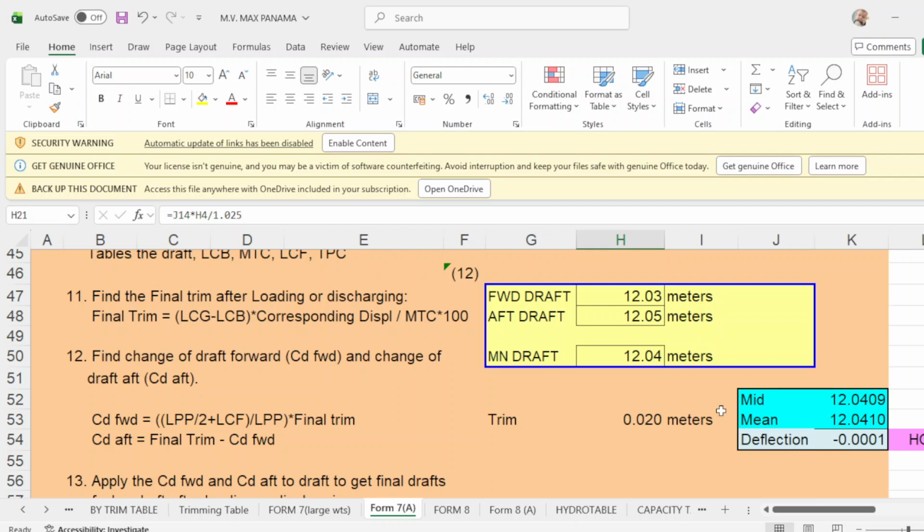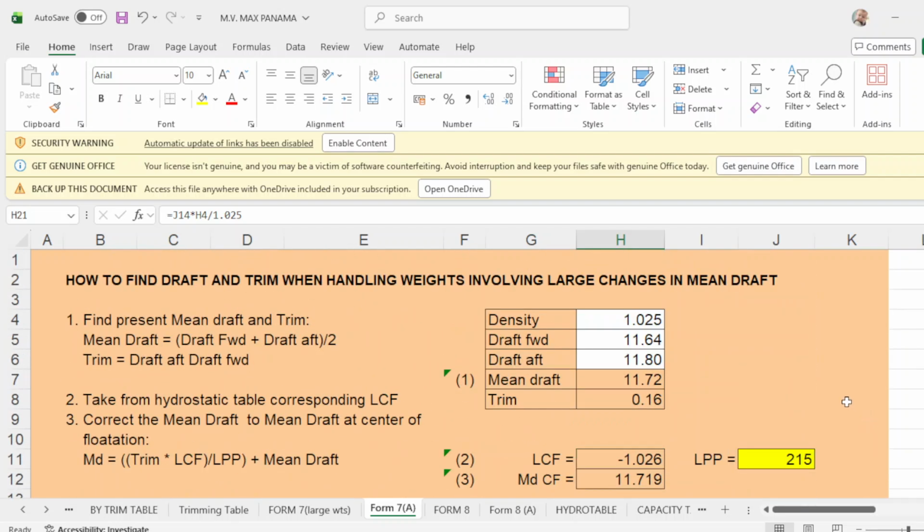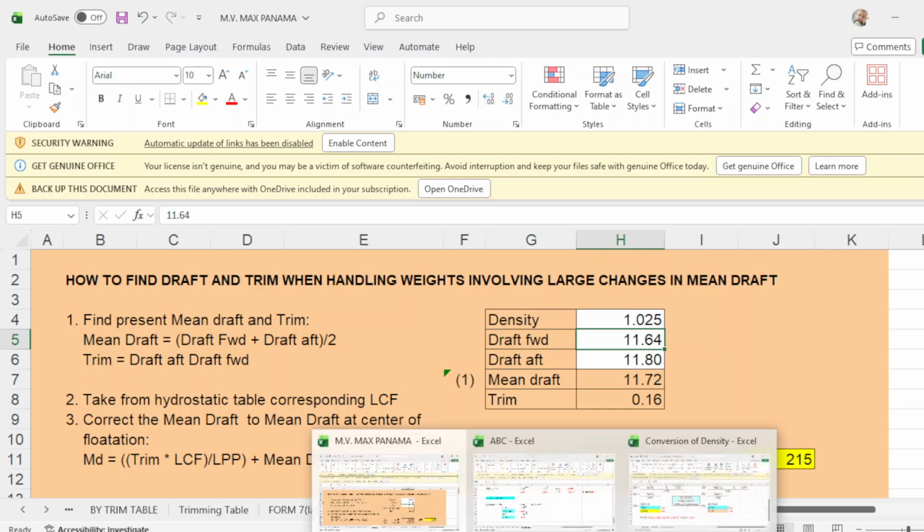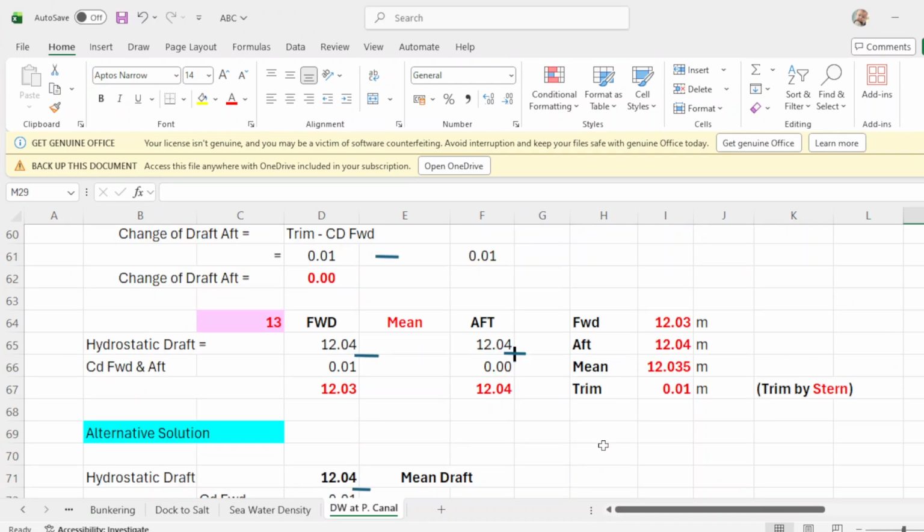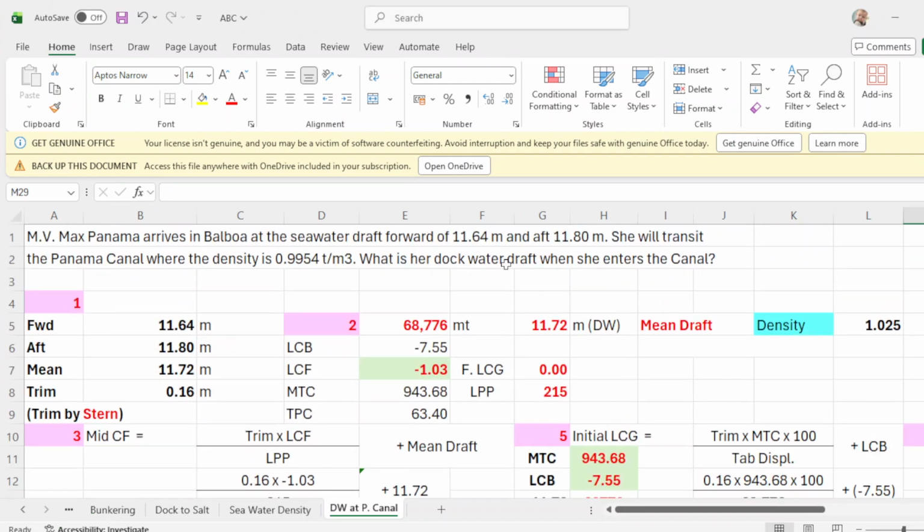Now, just a quick explanation of how to use this program. From arrival in Bilbao, your density is 1.025, right? And your arrival drop at Bilbao is forward 11.64 and up is 11.80.